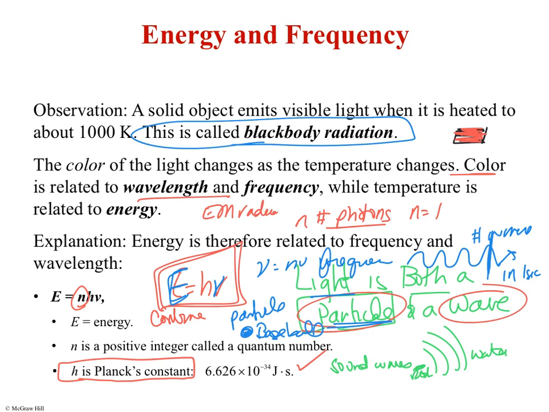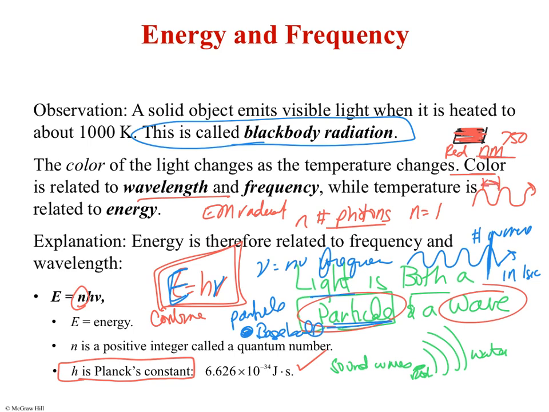You know that if you see red, looking at the electromagnetic spectrum, it has about a 750 nanometer wavelength. So it has a wavelength of that magnitude.